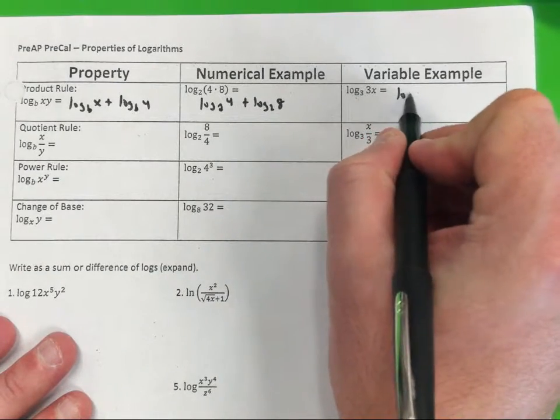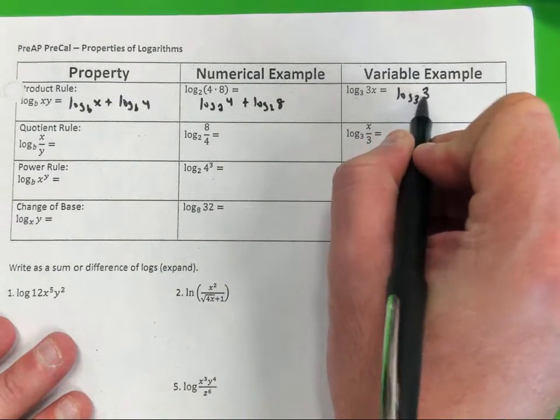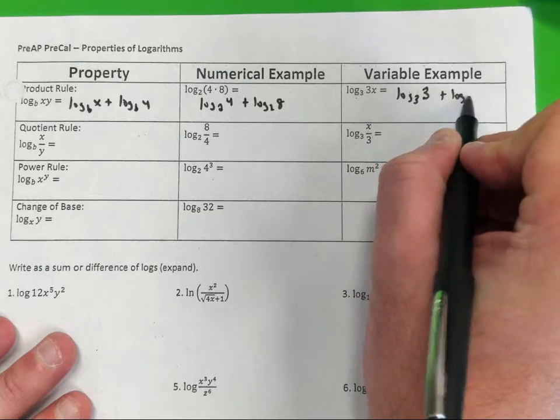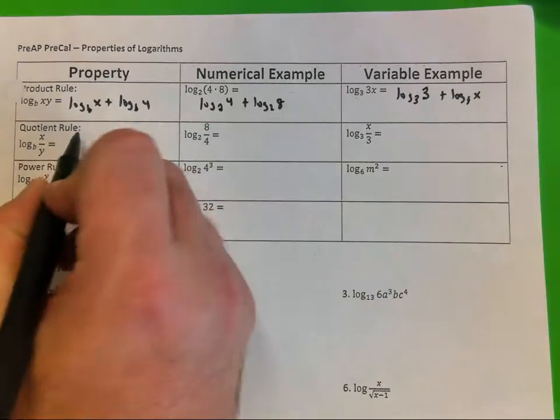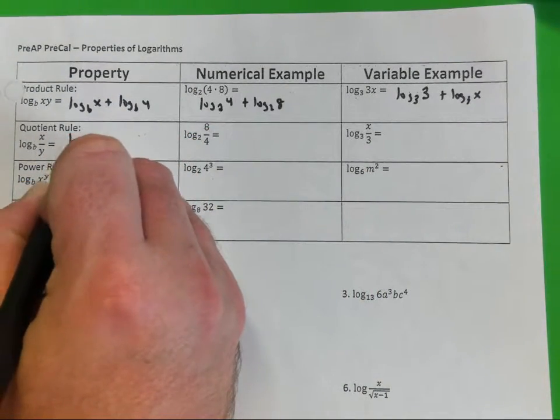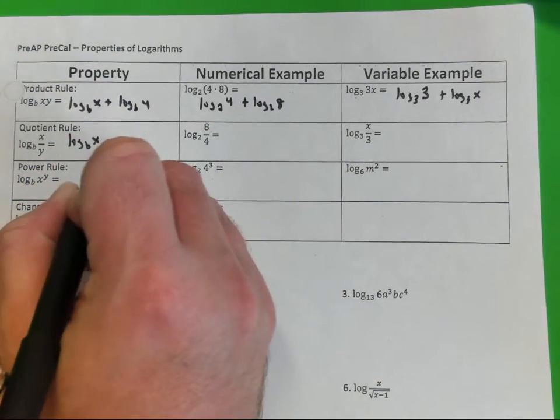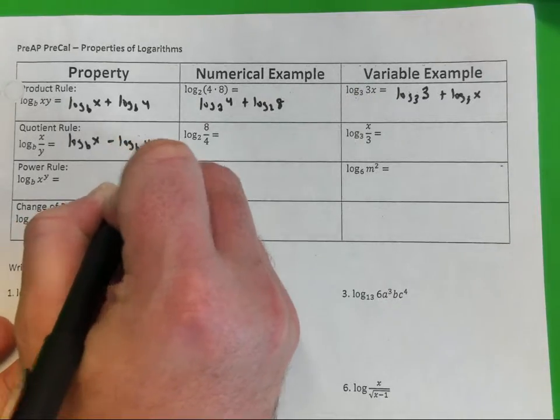Here, log base 3 of 3 plus log base 3 of x. Quotient rule. What do you think this will be? Log base b of x minus log base b of y.